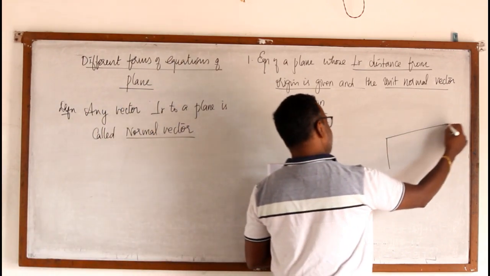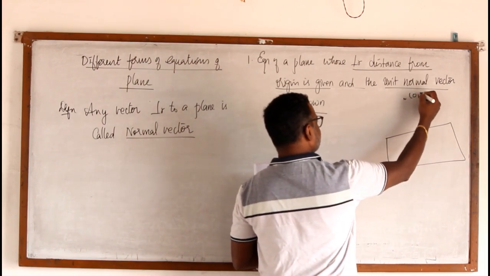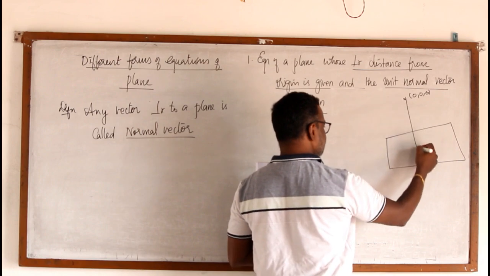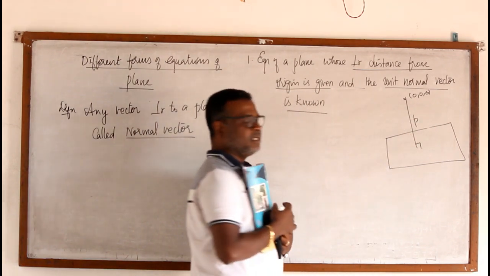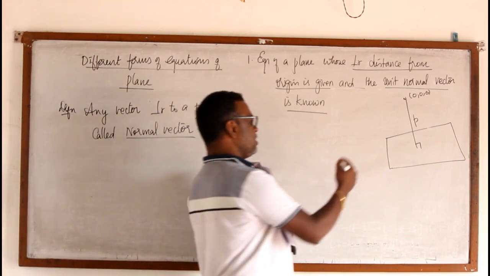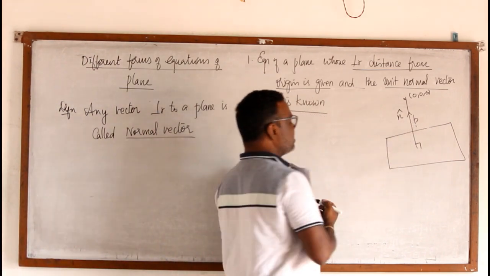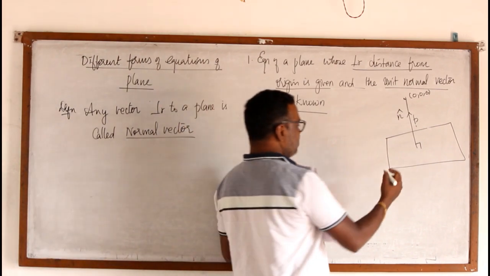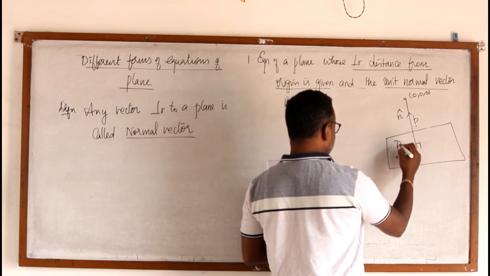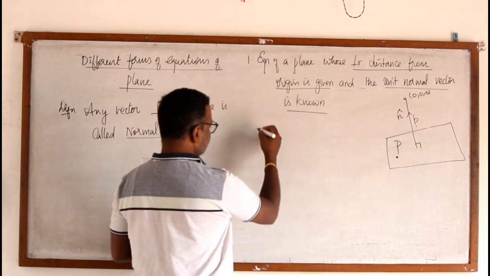Suppose I have a plane, and this is the origin. From the origin, the perpendicular distance, say small p, is known to me, and also the unit vector n cap acting along this perpendicular is known.